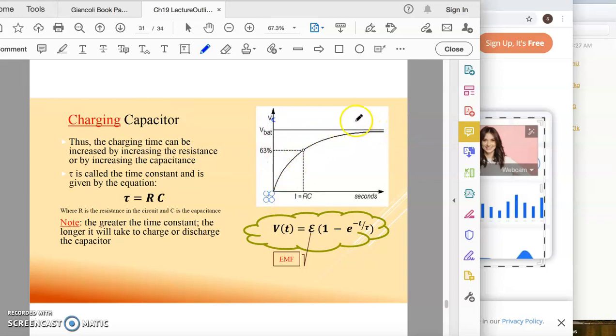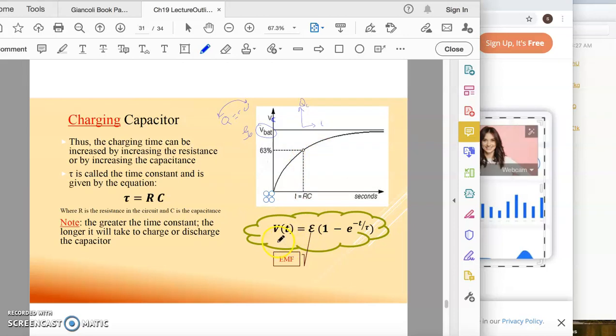Q is equal to CV, so if we are increasing the charge, the voltage will be increasing, it's direct proportionality, till it reaches the maximum, which is the voltage of the battery. And at t equal to tau, we reach 63% of the total voltage across the capacitor. Also, it is 63% of the total charge if we plot Q of the capacitor against time.